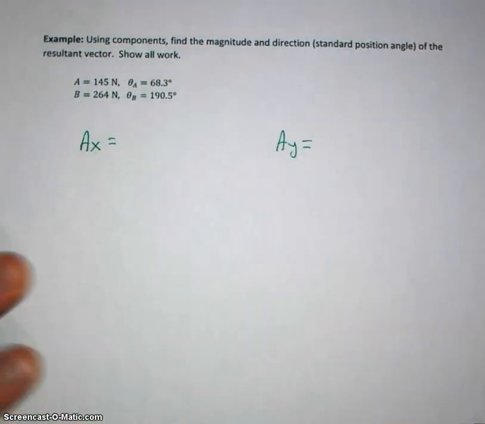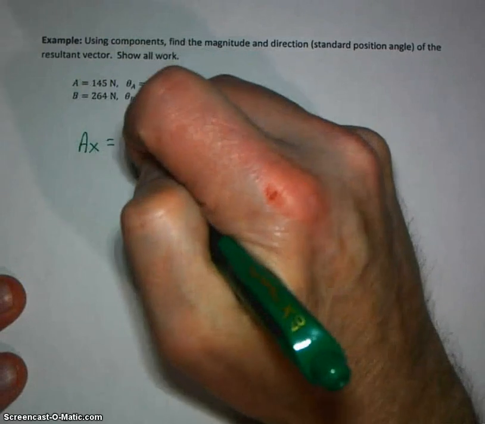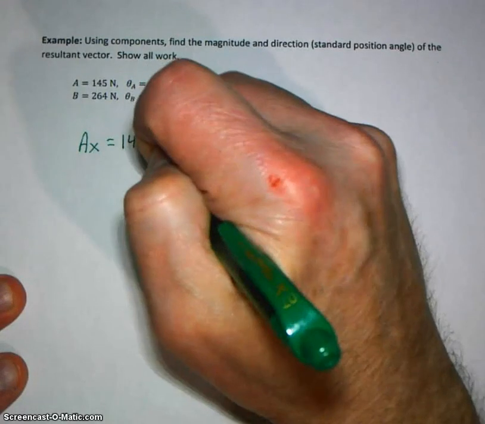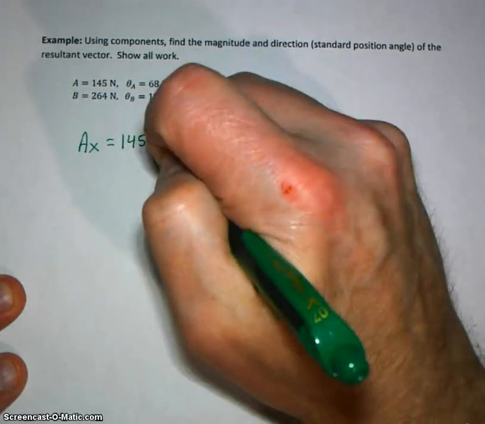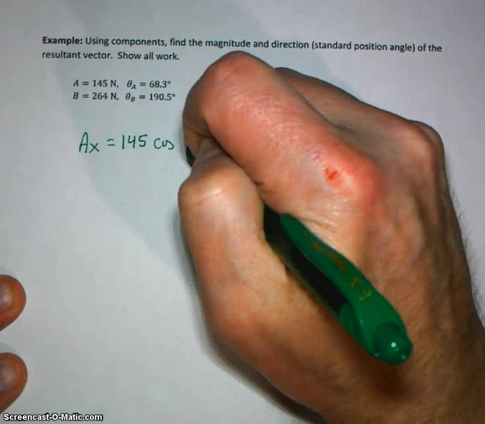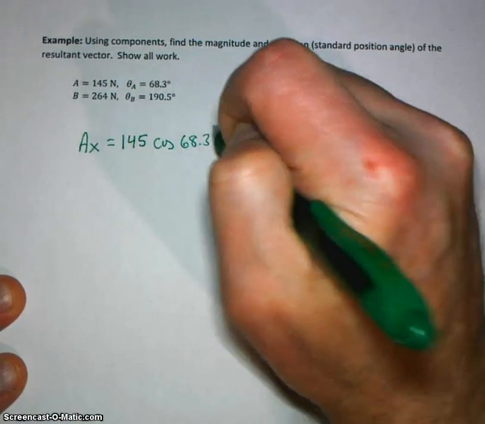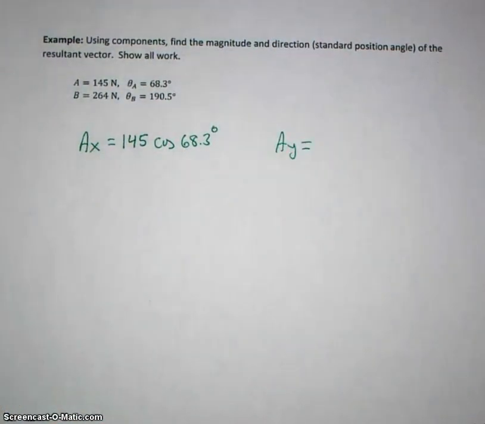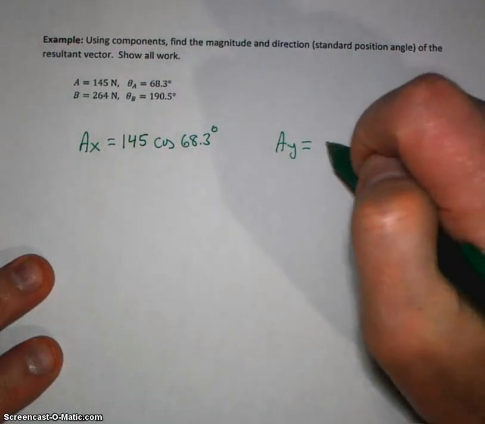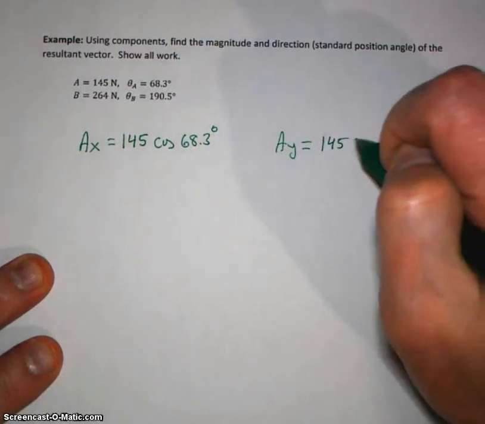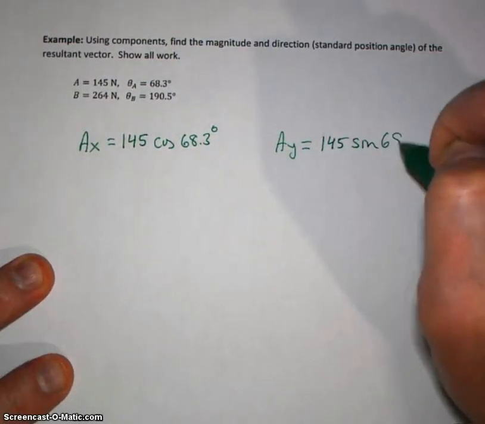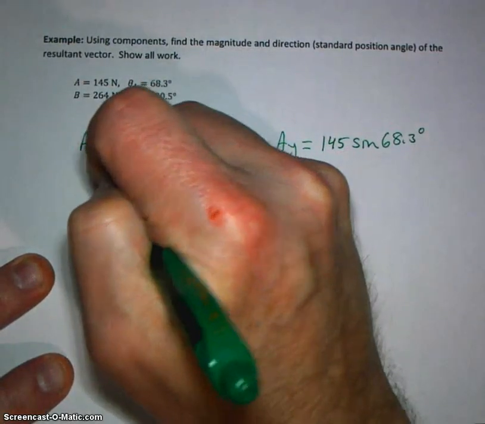Okay, so what we need to do is find Ax and Ay. Ax is 145 cosine 68.3 degrees, and Ay is 145 sine 68.3 degrees.